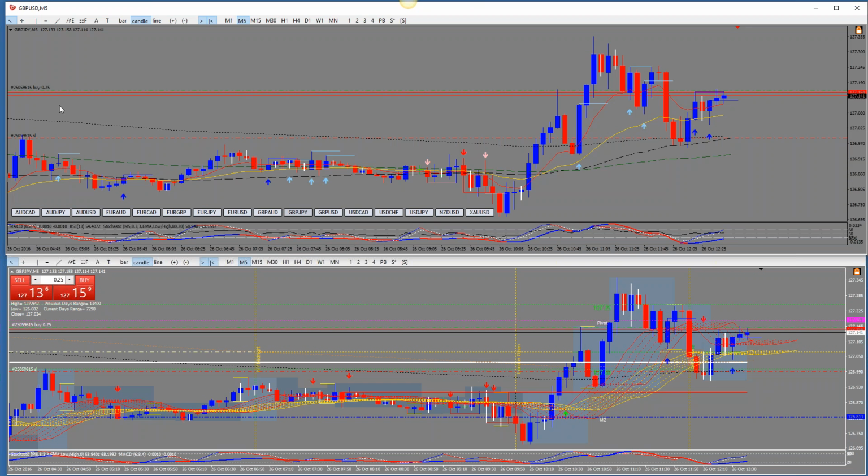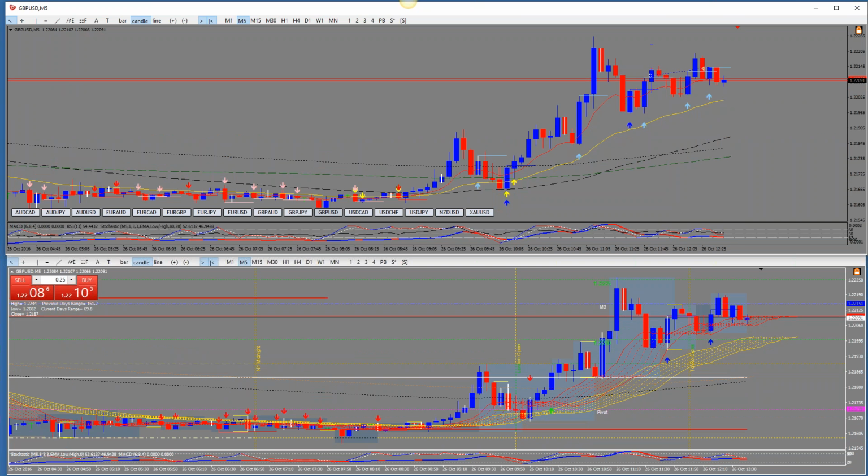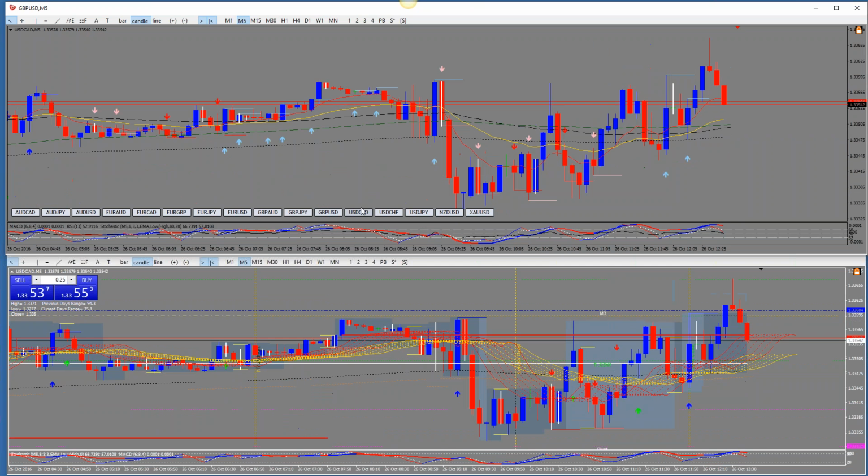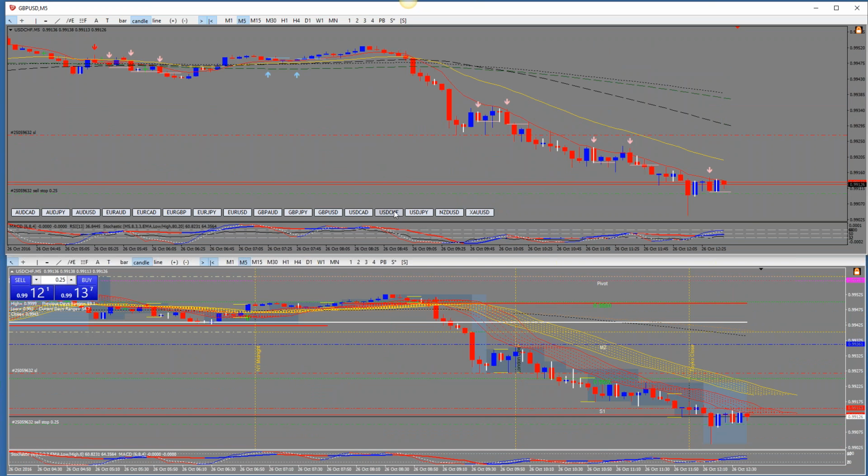We're kind of ranging here on this pound yen that we took. Pullback on the UCAD. Let's go to the euro dollar.